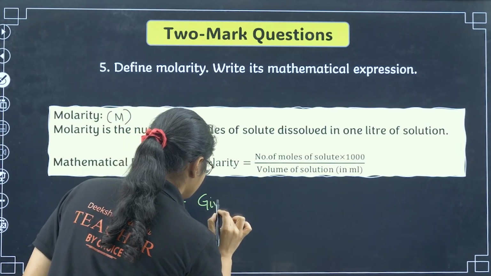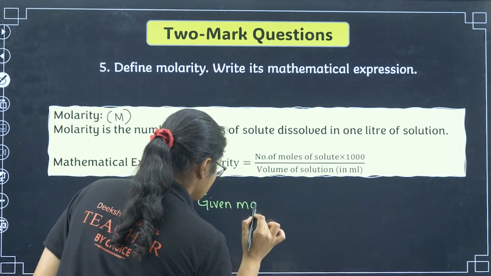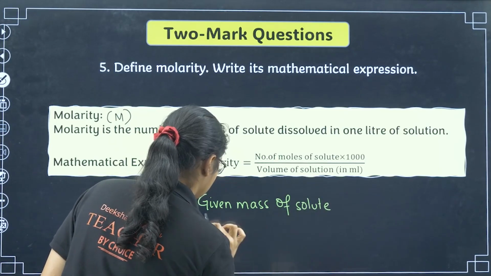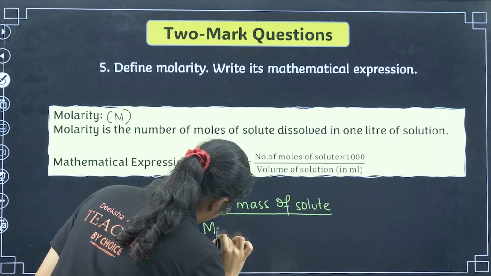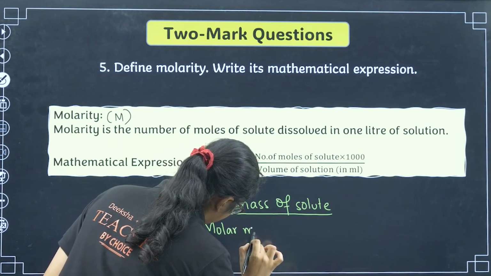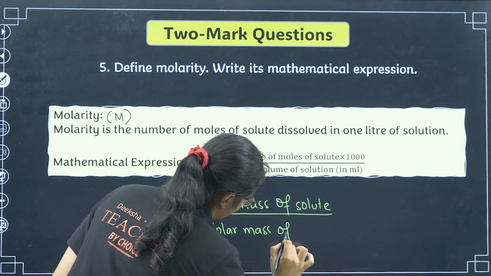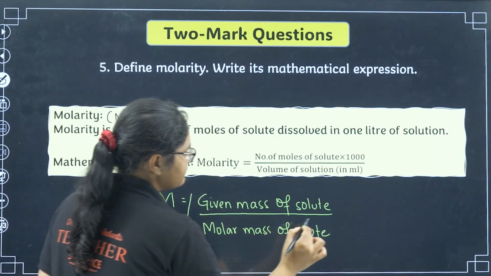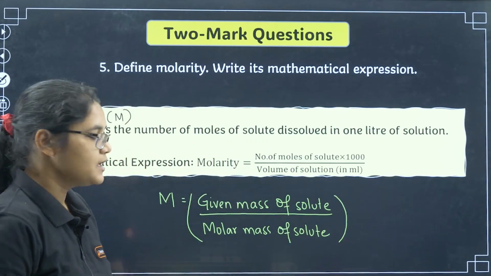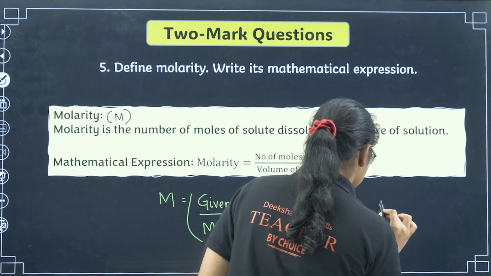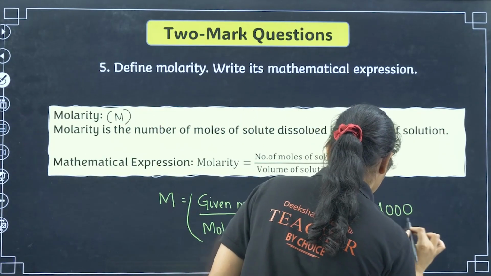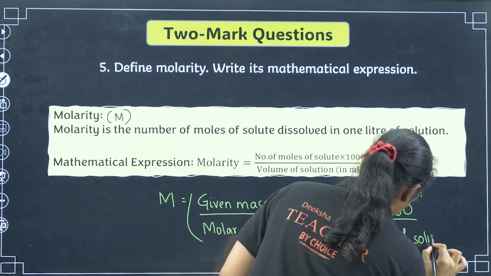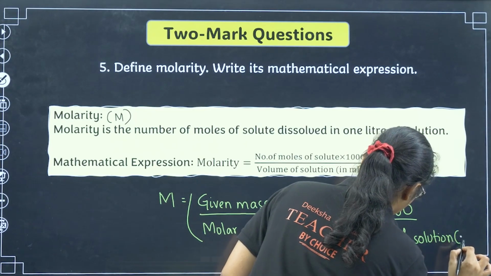Given mass of solute divided by molar mass of solute. This itself is number of moles. Then × 1000 divided by volume of solution in ml.